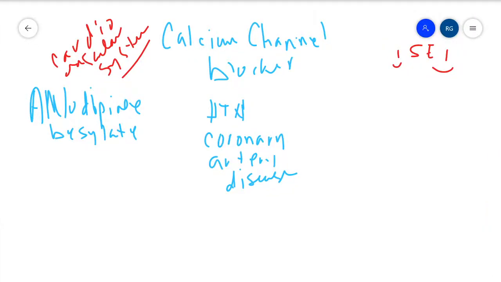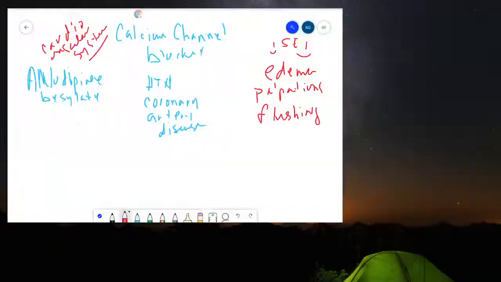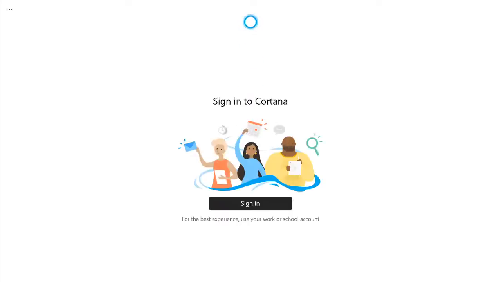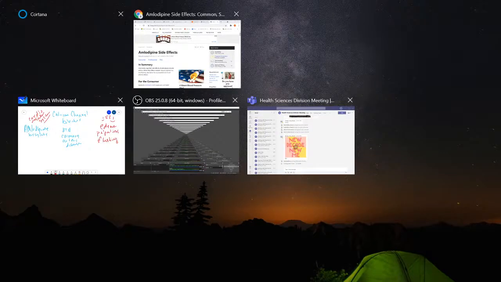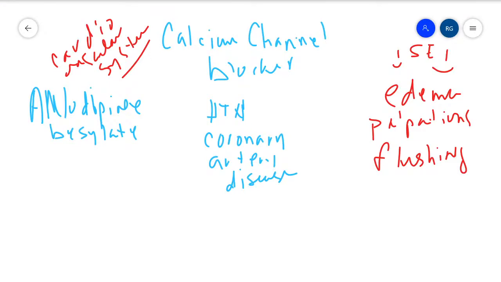So, for the most part, it does create edema, palpitations, flushing, fatigue. So let's look at what other calcium channel blockers we can find.